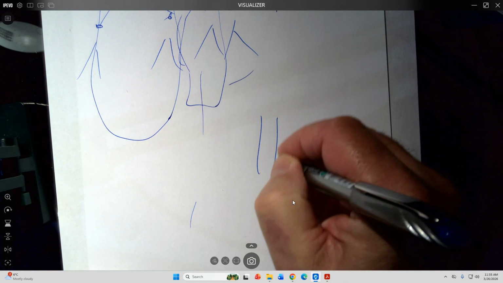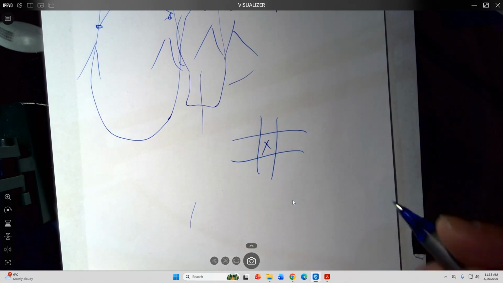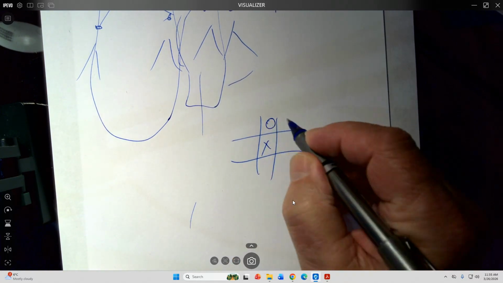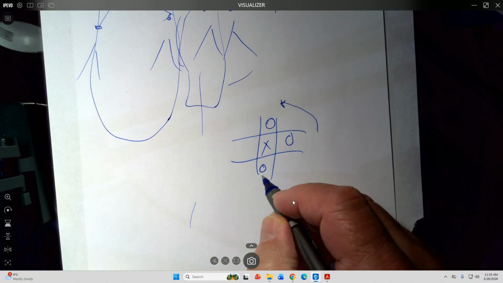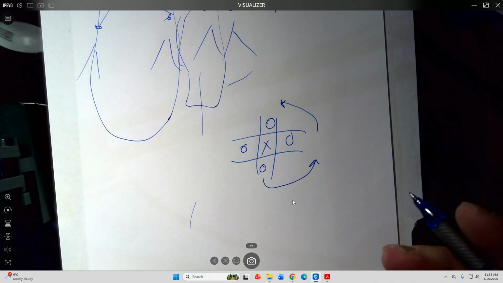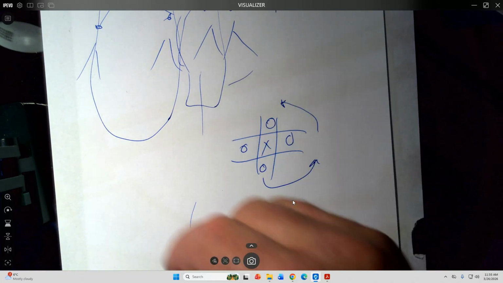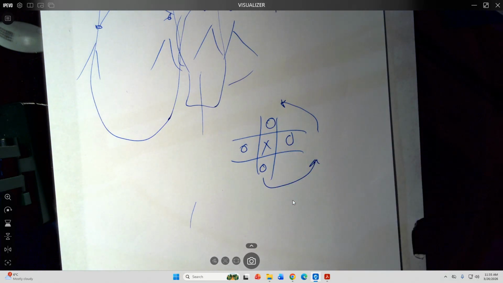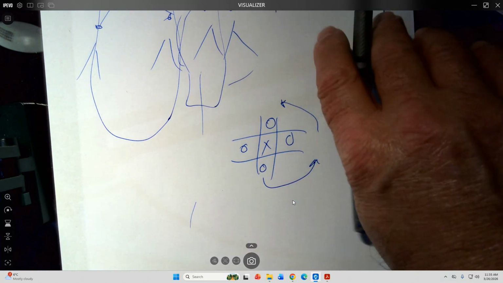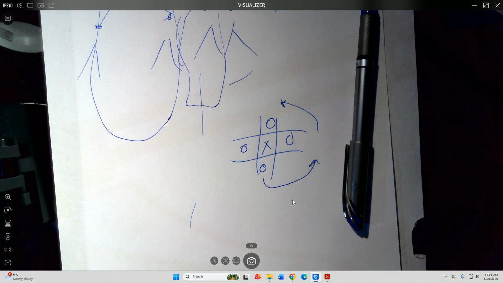If you have this situation in the middle, then putting a 0 here is like putting a 0 here, rotate it, or putting a 0 here, rotate it all the way. That's rotational symmetry. So you can get rid of three of those four branches coming out of the first node, the starting node.